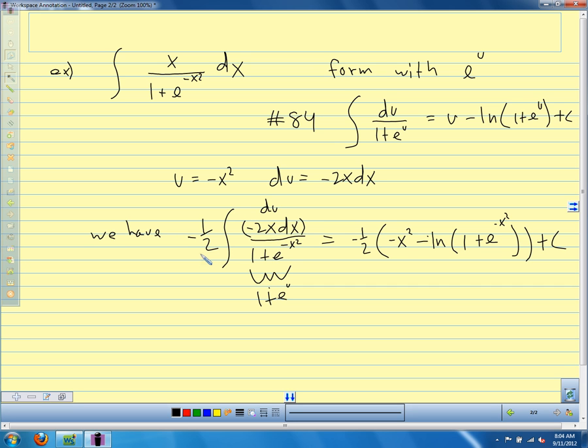All right, so those are a couple of examples of how you might use your integration tables. As you can see from the book that I passed around, there are a huge number of integrals in that table. So it's good to have available a lot of techniques that you can fall back on to evaluate integrals.